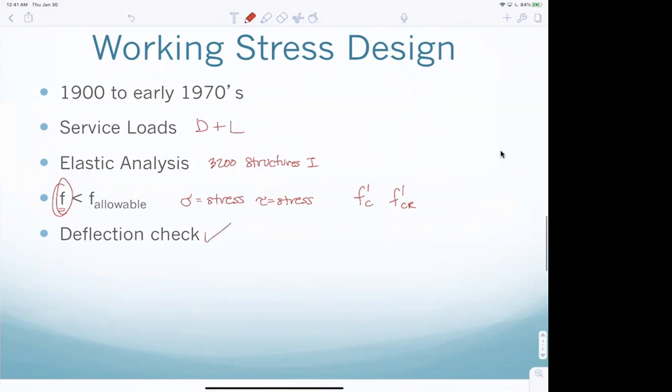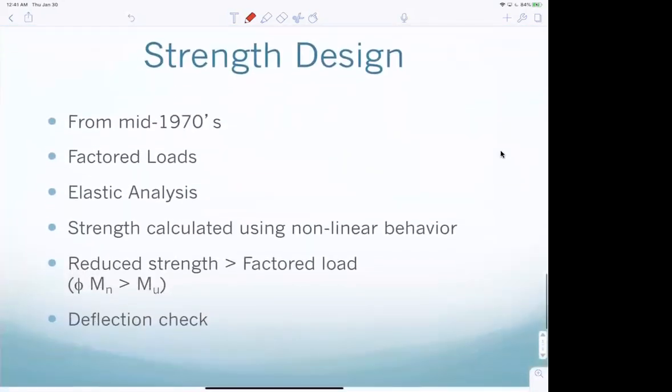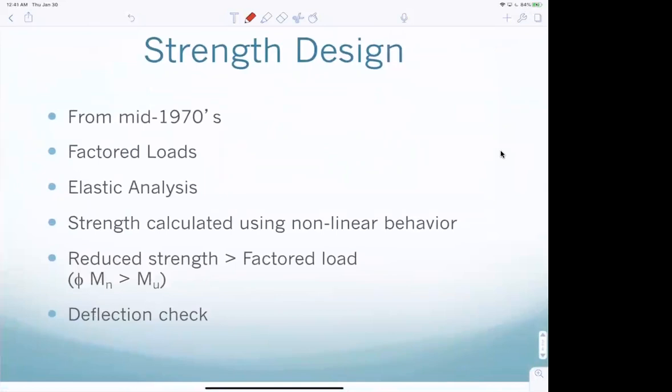Okay, strength design is from the mid 1970s to the present. You factor the loads, you increase them to represent the worst case scenario. This is kind of weird: even though it is an ultimate analysis, and I already just told you that elastic analysis isn't appropriate, we still use it.